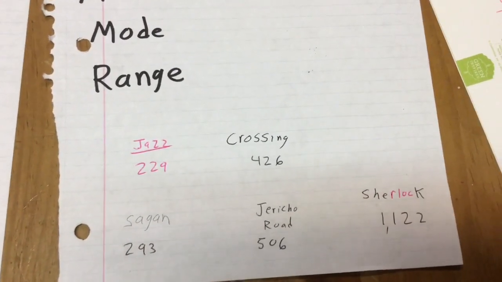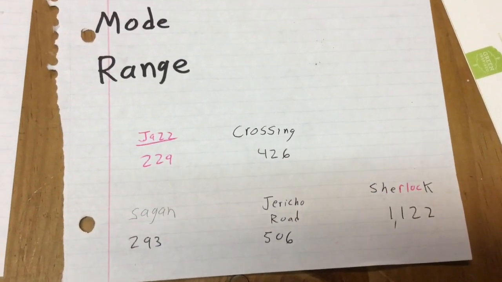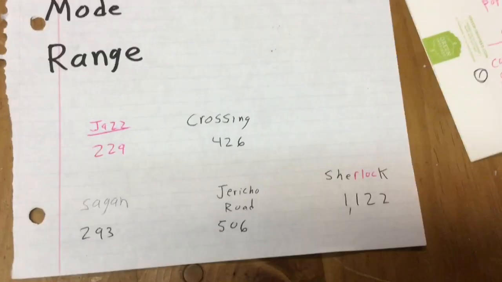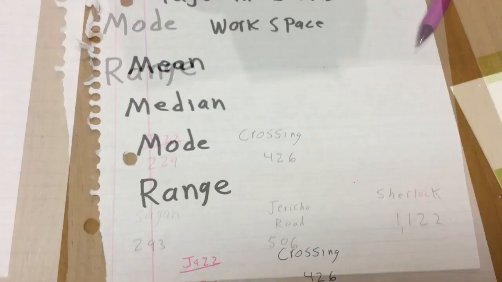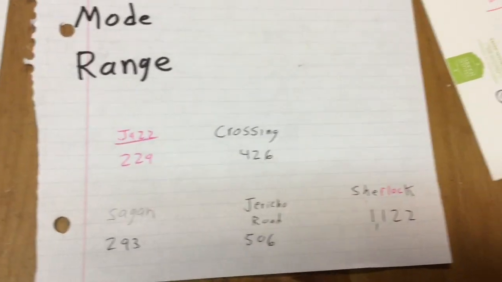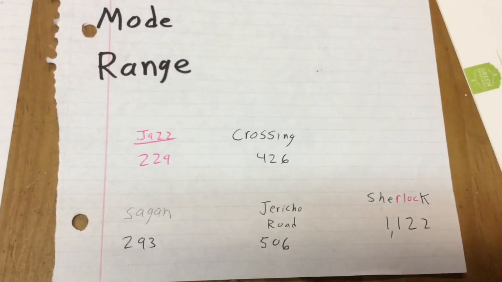So I got 229, 426, 293, 506, and 1,122. That's a lot of pages. Let's start with mean. So mean, the first thing I do is I'm going to add up all these numbers.